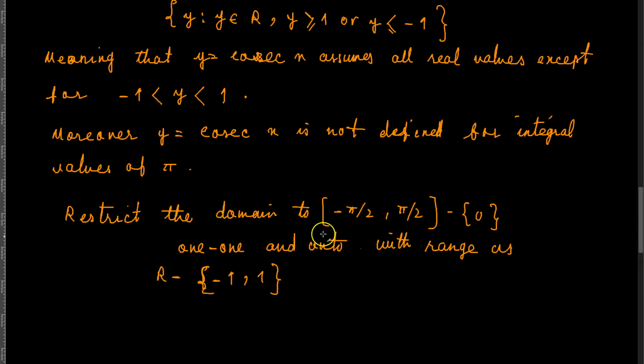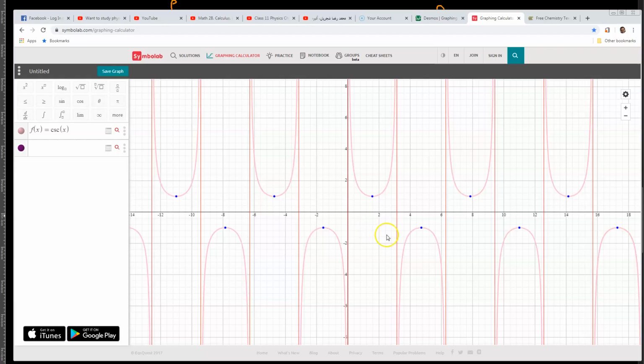Now, of course, we argued that you can restrict the domain of the function to anything. So for example, you could do the same thing with negative 3 pi by 2 to negative pi by 2, but then you have to get rid of the negative pi over here and take it out from the domain of the function.